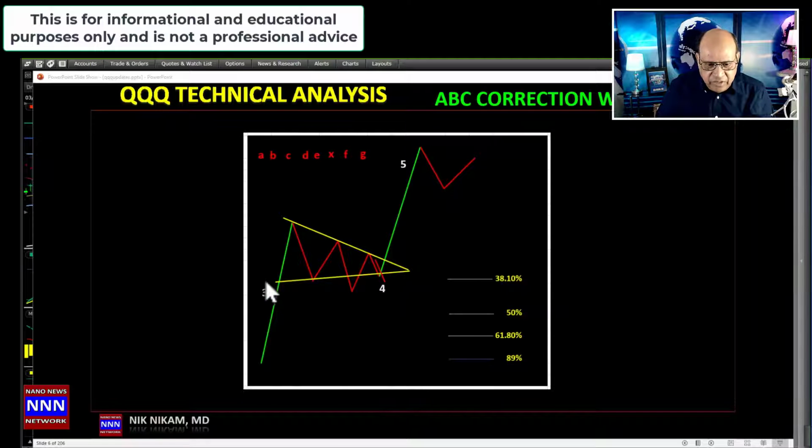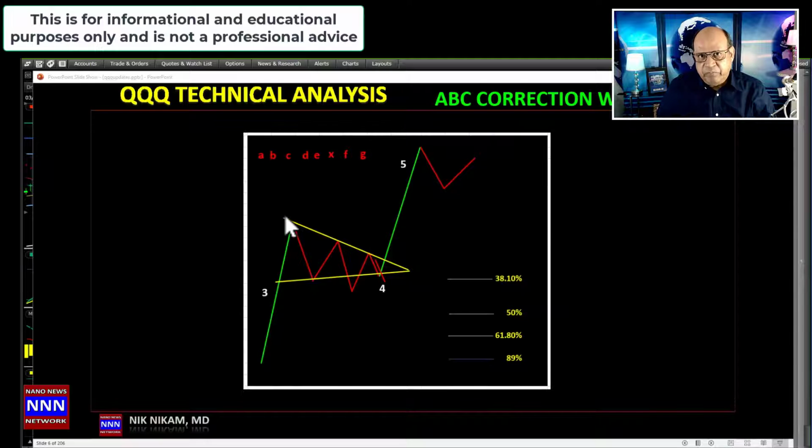And the good thing about the triangle is if you can clearly identify the triangle and draw the trend lines, that tells you when to get into wave 3 or wave 5. See, there's a lot of technical information available from the corrections, and it will help you to get prepared to get into the most lucrative impulsive waves, namely wave 3 and maybe wave 1 or 5. Okay, that is a triangle.